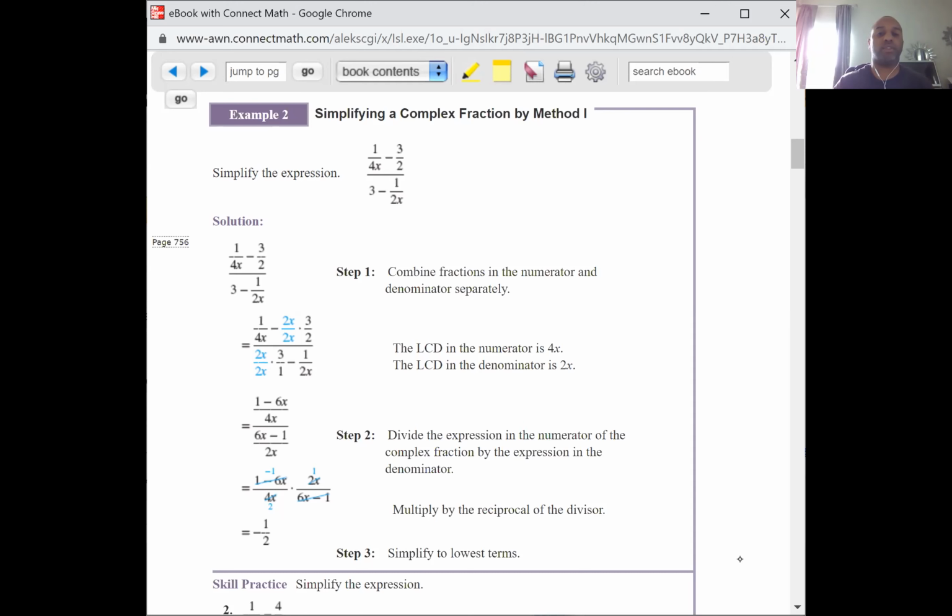So what times 2 will turn a 2 into 4x? That's 2x. So it goes back to simplifying a fraction. It's like you're treating the numerator and denominator as 2 different problems, and then you bring it together.